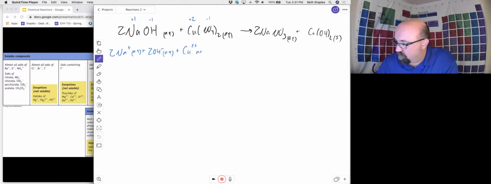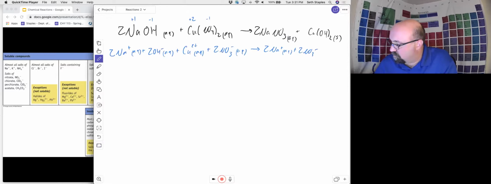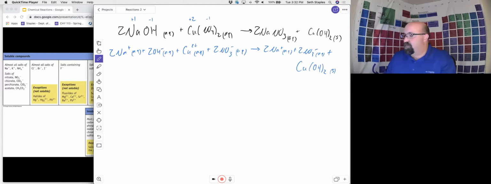We have a Cu2 plus, 2 NO3 minuses. In our product side, 2 Na pluses, 2 NO3 minuses, both aqueous. I thought I could fit it all on one line, but I can't. And then our solid, our CuOH2 solid, our copper 2 hydroxide. And so there's our complete ionic equation now.